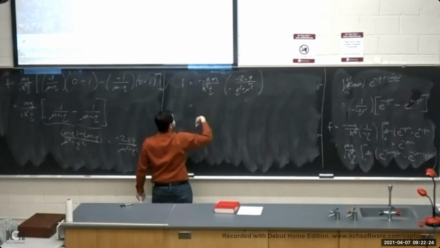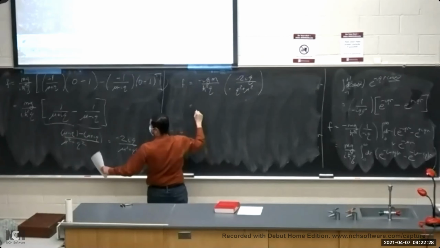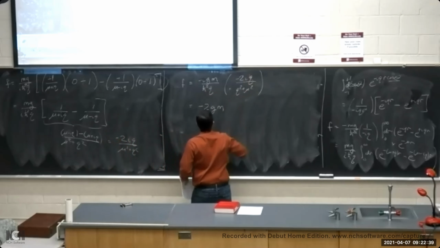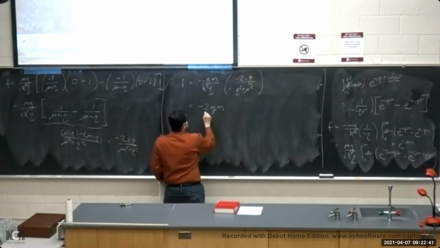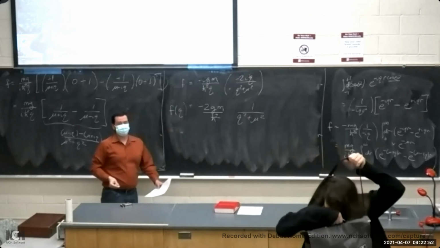Minus i and minus i gives me minus 1. Yes, I had a 1 over i and an i upstairs, so I get minus 2 G m. Q cancels the q downstairs, over h bar squared, and then the real dependence on this, the important part, is 1 over q squared plus mu squared. This is F of q.